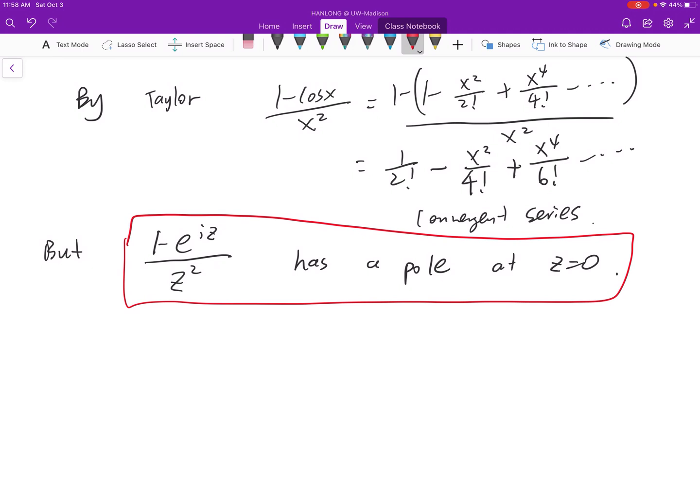So as we stated very early, singularity is good if you know how to use it. Your original function has no singularity. It's smooth, but now we prescribe a singularity, and for the calculation, it's easier.